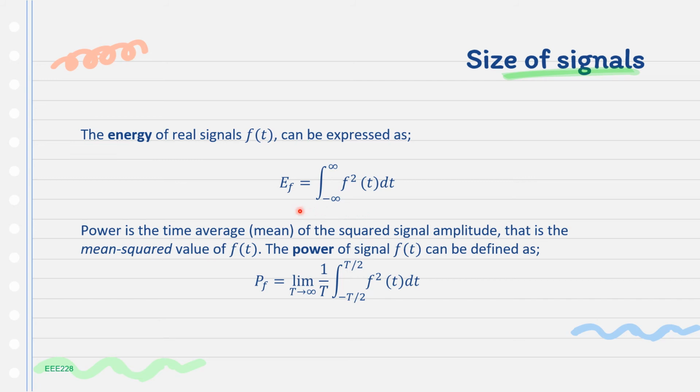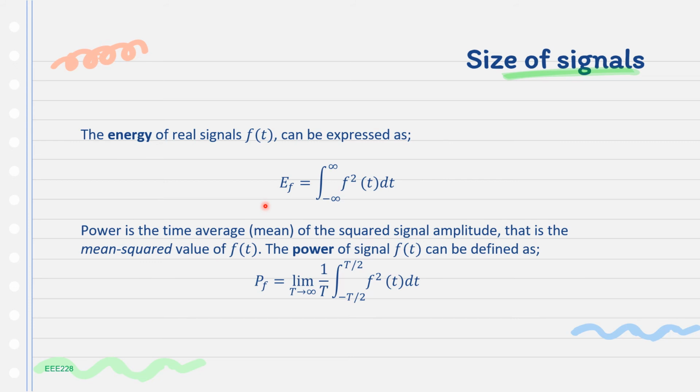But if the signal has amplitudes which go towards infinity as time goes to infinity, we cannot find the area under the graph, isn't it? So for this kind of signals, we cannot use this formula, or we cannot use the energy as a measurement of the size.